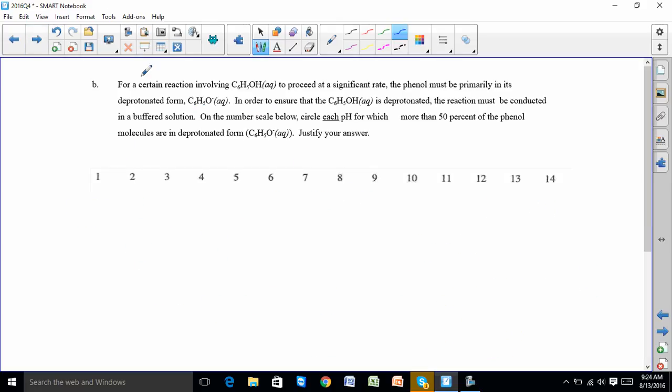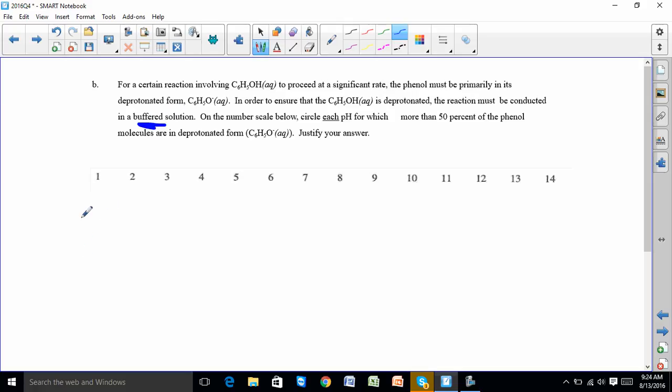And then the answer for B is: for a certain reaction involving C6H5OH to proceed at a significant rate, the phenol must be primarily in its deprotonated form. In order to ensure that, the reaction must be conducted in a buffered solution. This is the key word, buffered solution.